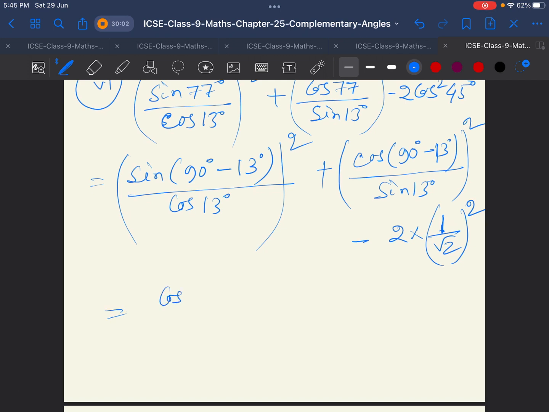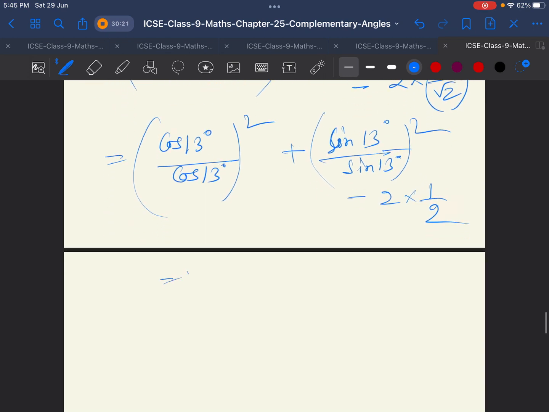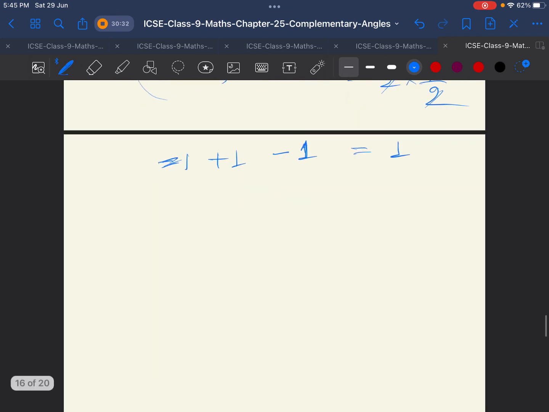So we can write (cos 13 by cos 13) square plus (sin 13 by sin 13) whole square, minus 2 into 1 by 2. So this is 1 plus 1 minus 2 divided by 2, which is 1, so we get 1. Now question number 3.